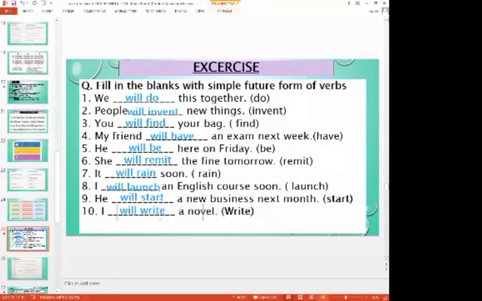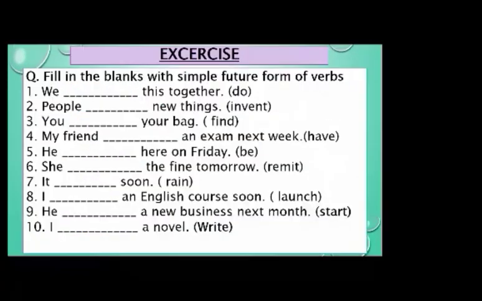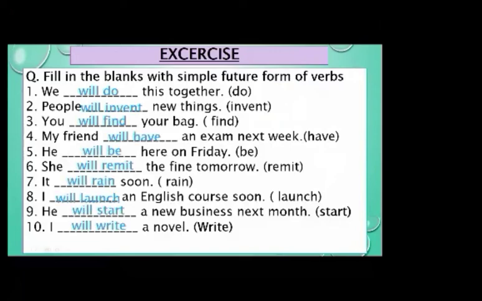Okay, so these are the correct answers. I made it correct for you. I hope you have done it. This is the correct slide. Keep it in mind and copy it down. Take a screenshot of the slide. So now you will be doing the exercises of simple present tense, past tense and future tense in your copies.